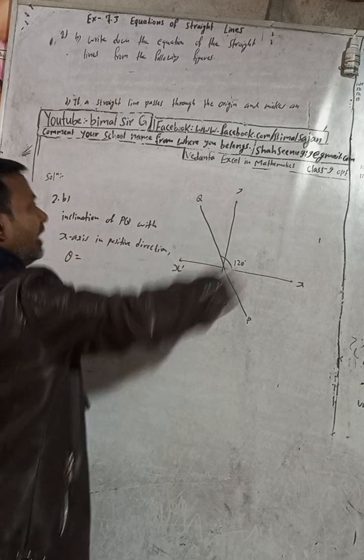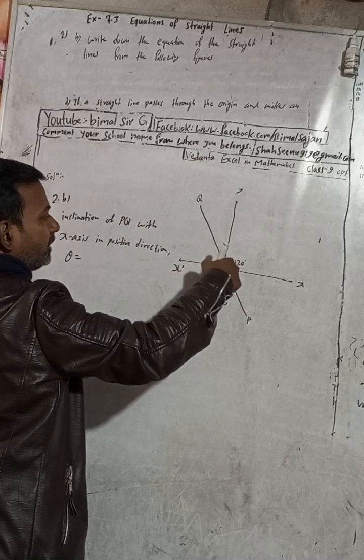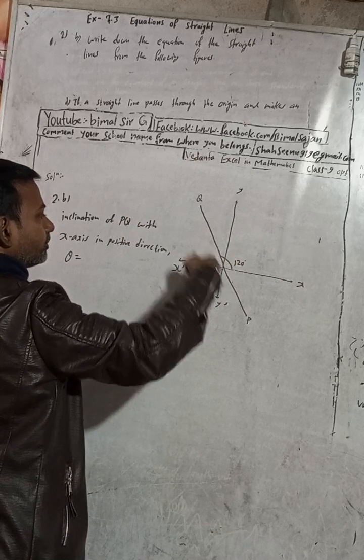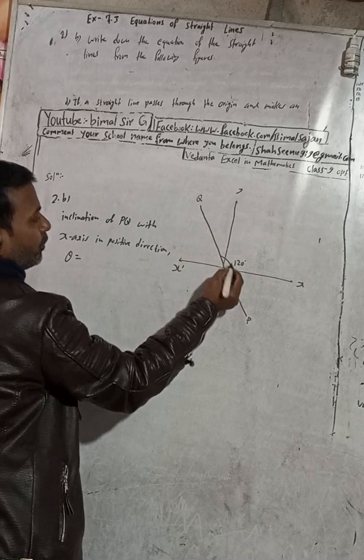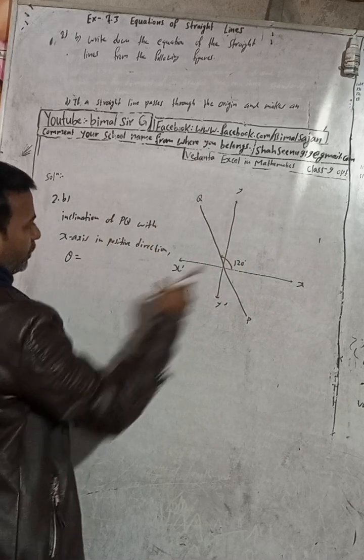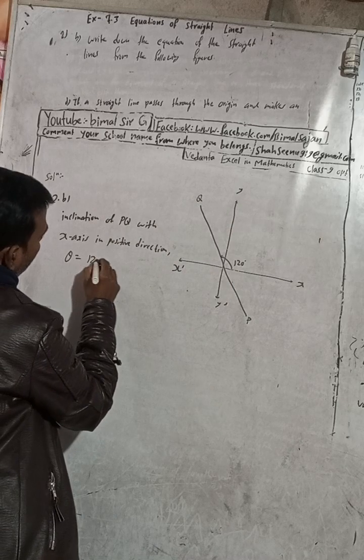Positive direction means anti-clockwise direction, this way. If it is like this, then we should not take this, we should take only this direction, this is positive direction, anti-clockwise. So this theta is equal to 120 degree.